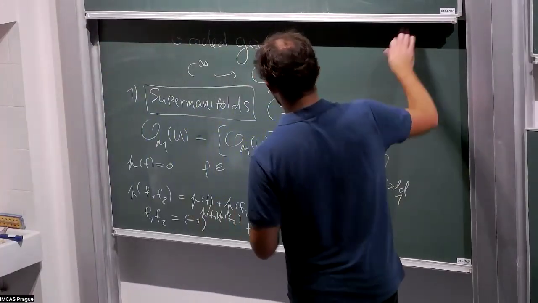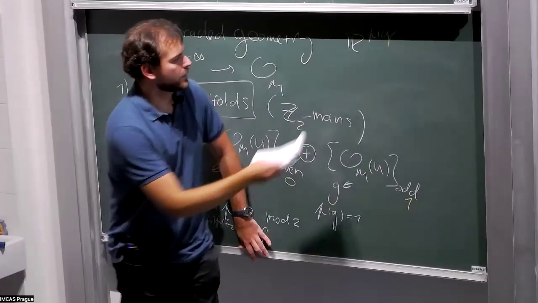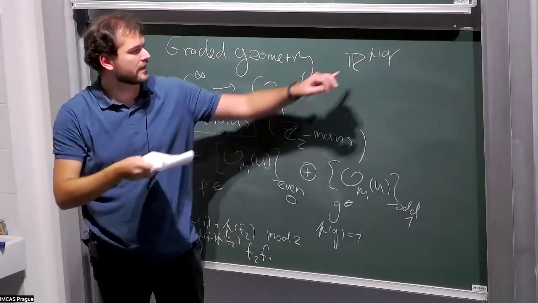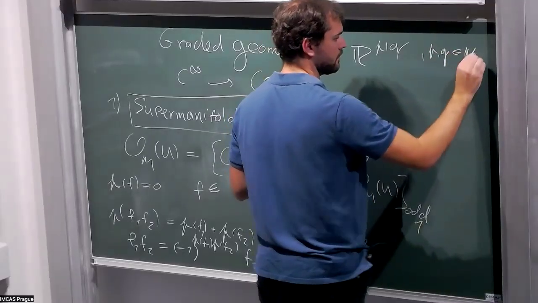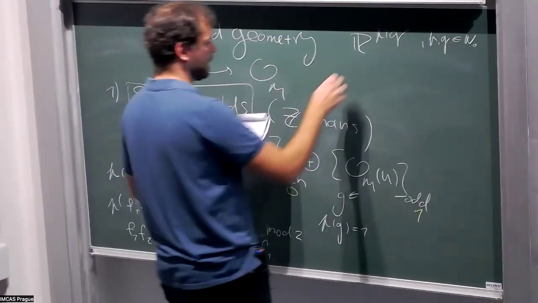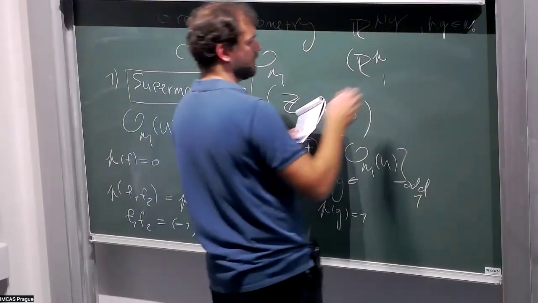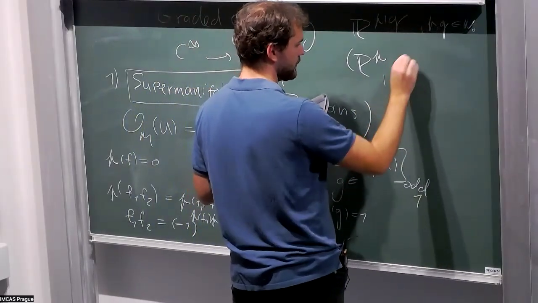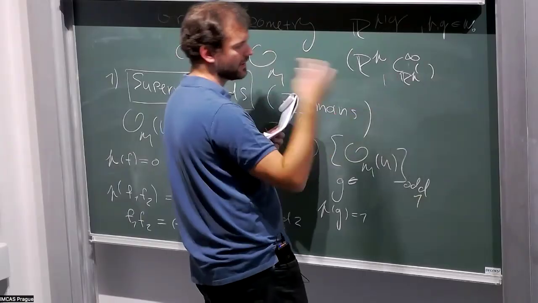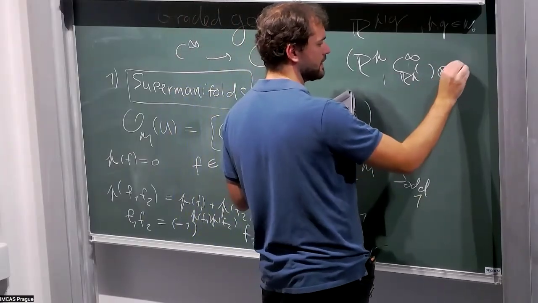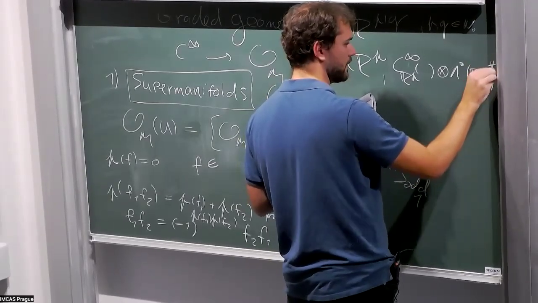Yes, the model space for a supermanifold is usually denoted like this, where these are just some non-negative integers. The topological space is just R^p, and the sheaf is like this: you take smooth functions on R^p, insert the open set, and then you tensor with the exterior power of the dual of R^q.